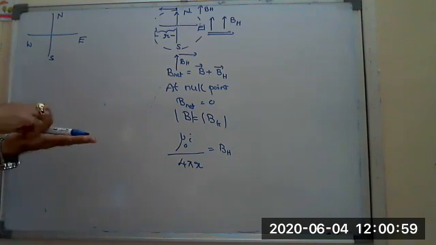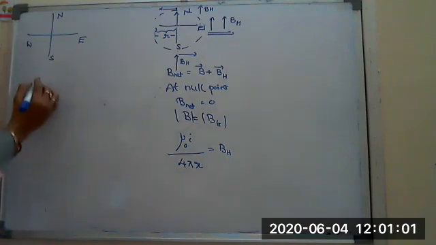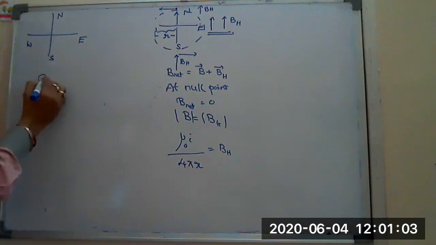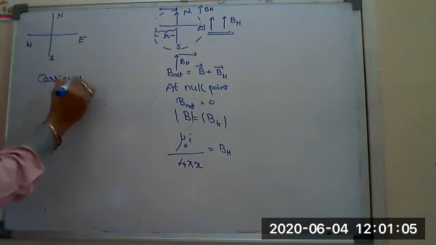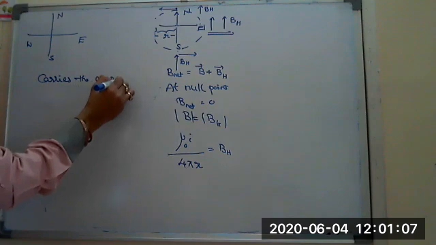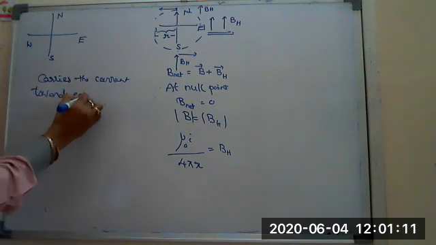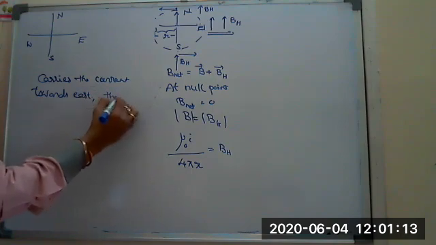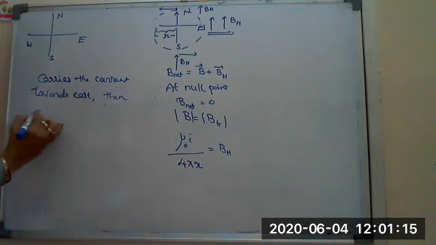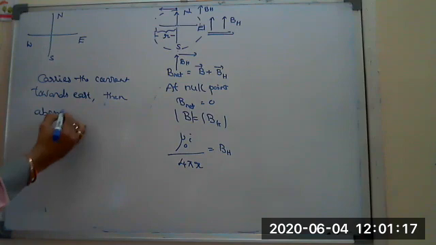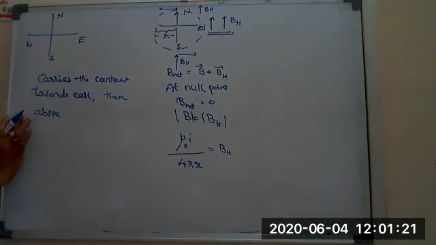That's why what can I conclude? If the current carrying conductor carries the current towards east, then the null point is formed above the current carrying conductor.